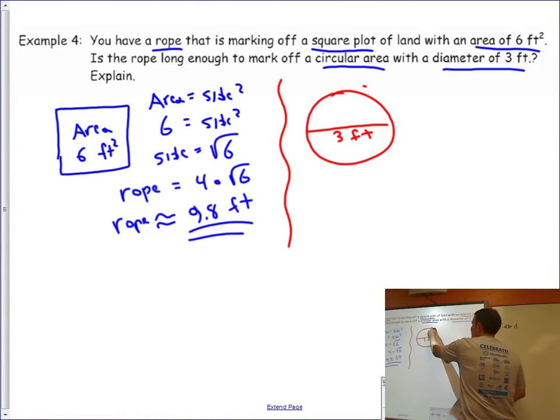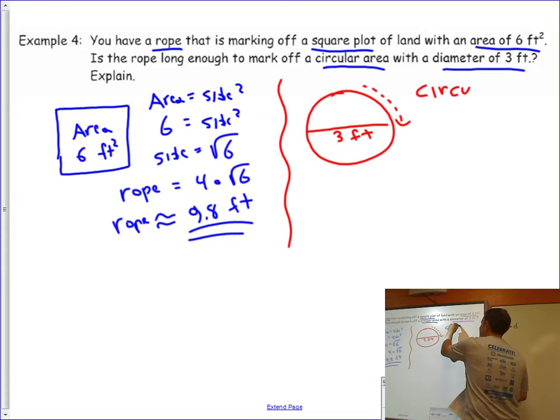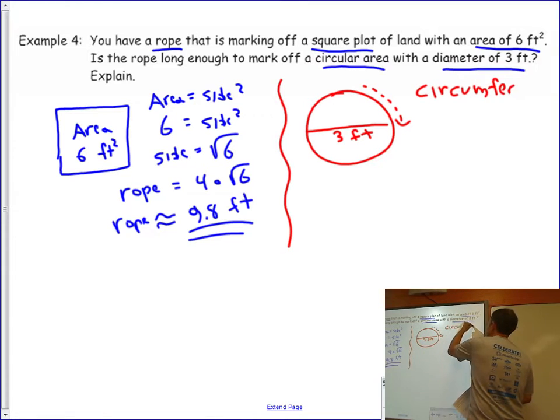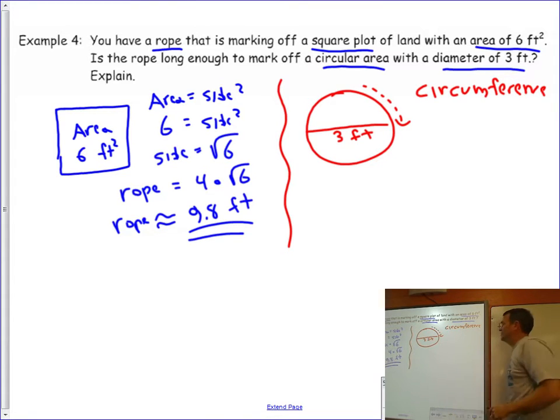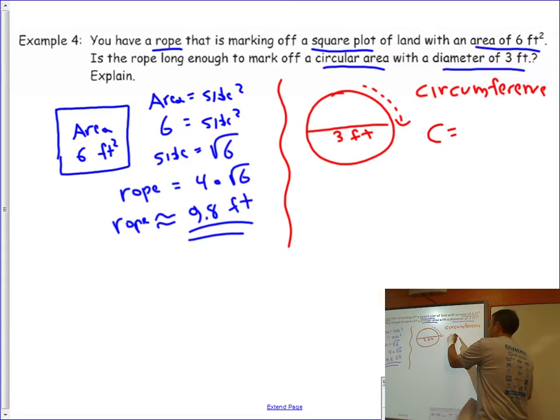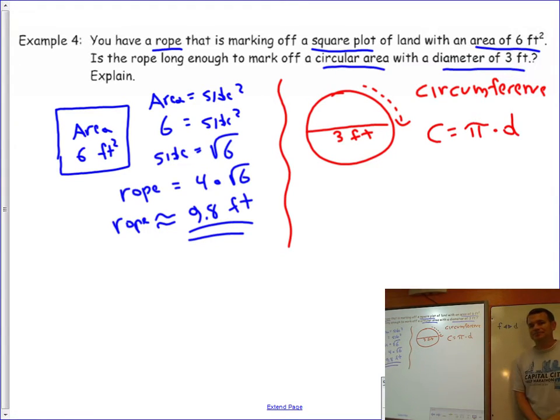Well, all the way around the circle, that is called the circumference. And there's a formula for the circumference of a circle. It's pi times the diameter. So let me calculate the circumference of a circle, that's the distance around the circle, if the diameter is 3 feet.